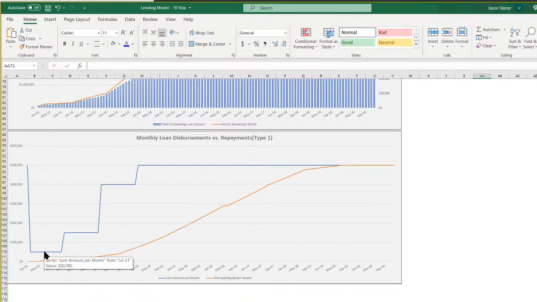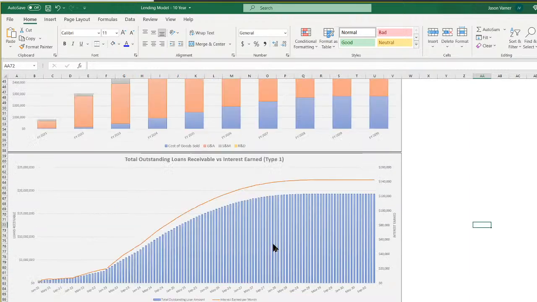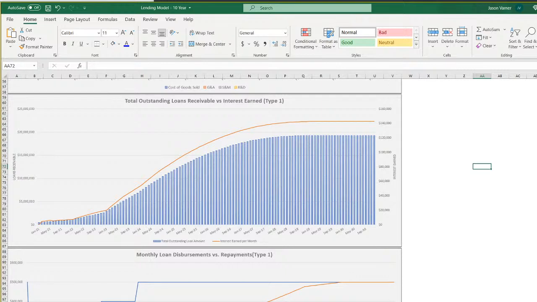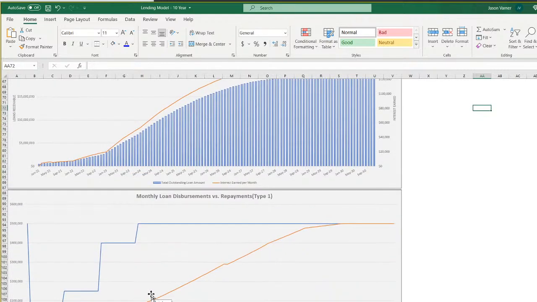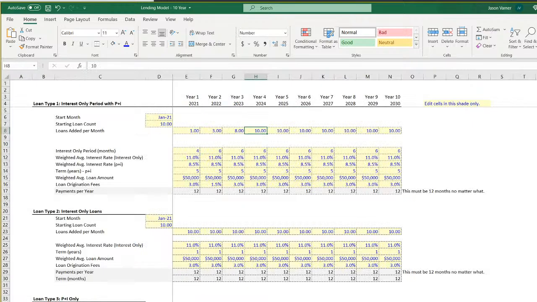Here at the beginning, you're lending out more, obviously, than you're collecting in principal because these are interest-only period loans with a P&I following. So you're lending out, then you start to get repaid eventually. And the repayments, because we're scaling these loans out higher over time, you're not stabilized till a couple years after you actually stop increasing the amount of loans lent.